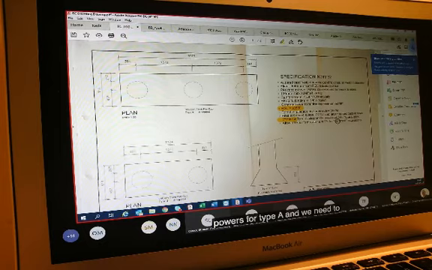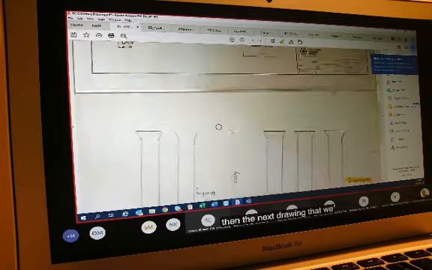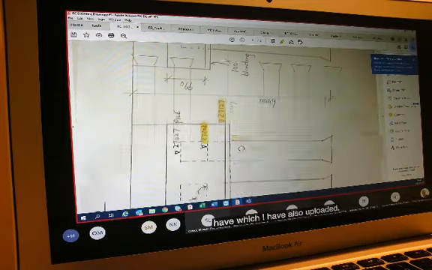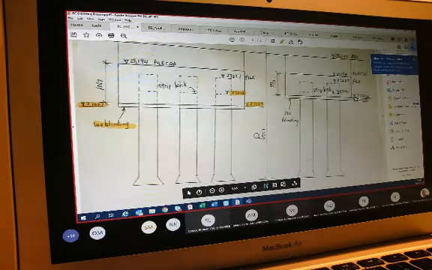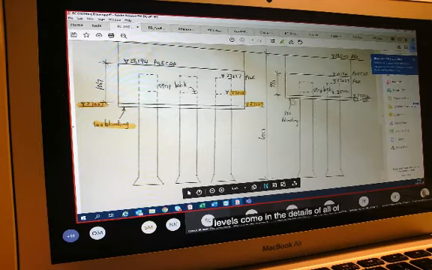And we are given the level at the top of the piles for type A. That is for the piles only.